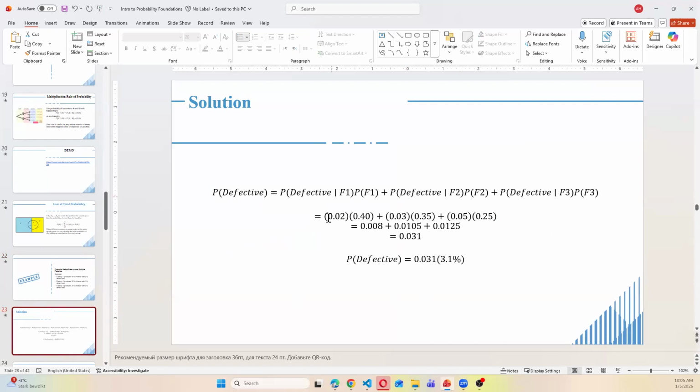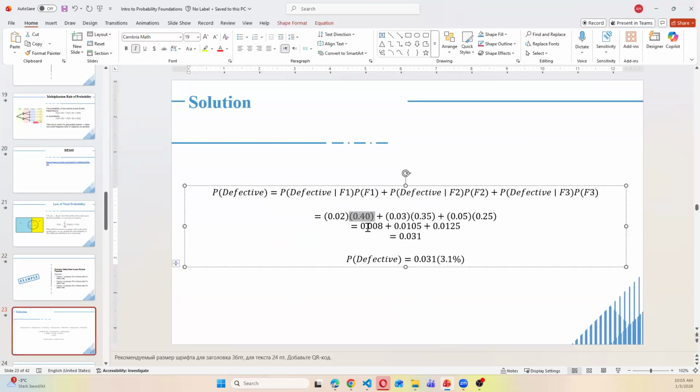So for factory 1 it is 0.02 times 0.4, where 0.4 is the amount of products they produce. Factory 1 has a 40% share, factory 2 has 35%, and factory 3 has 25%, and each has its own defect rate.